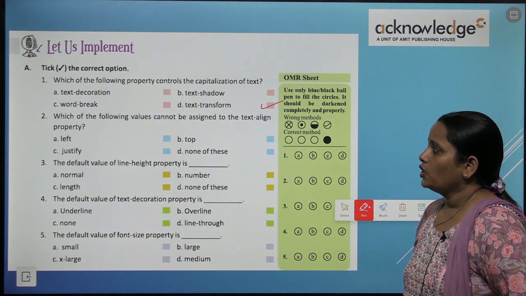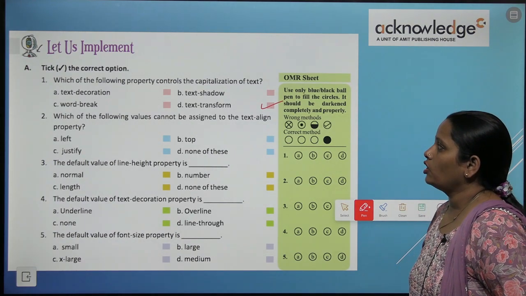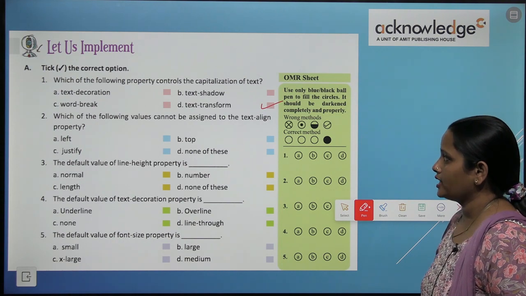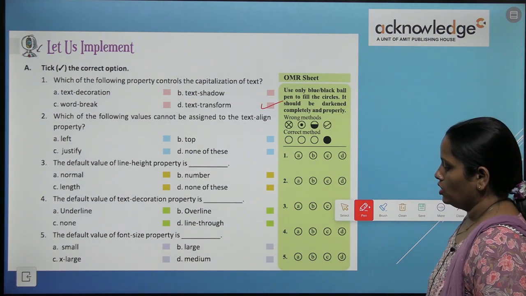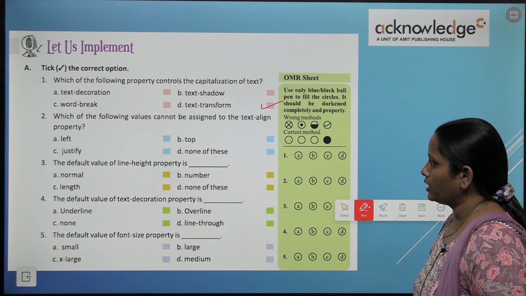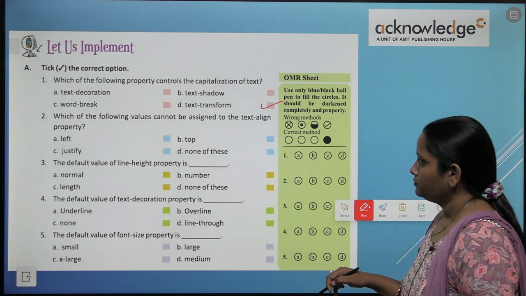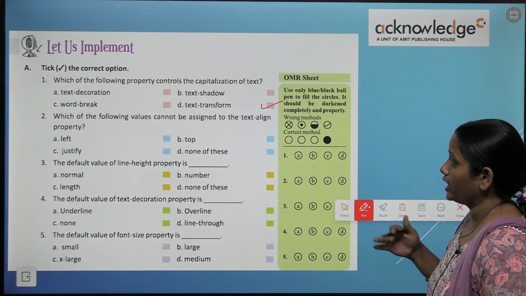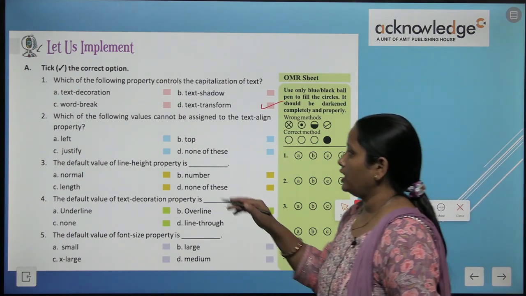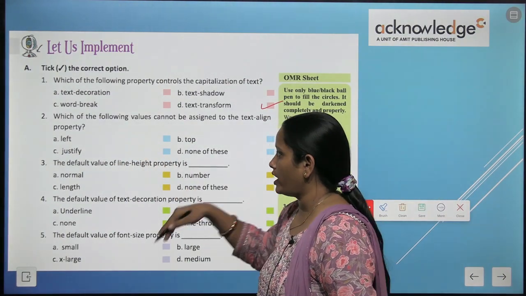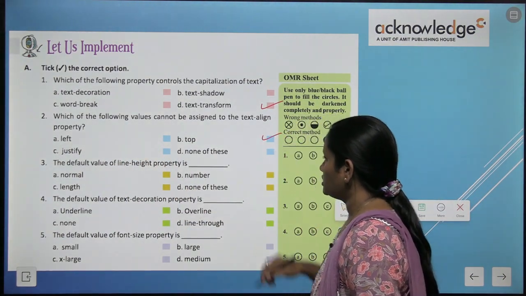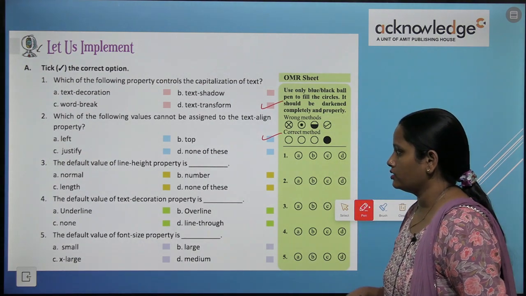Next question is, which of the following values cannot be assigned to the text align property? Yes, left is there, justify is there, top is not in the option.